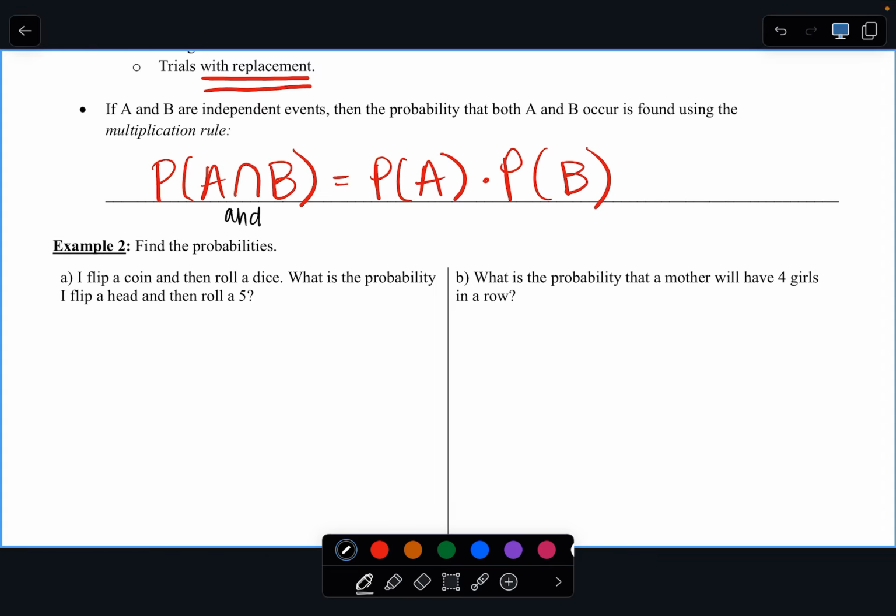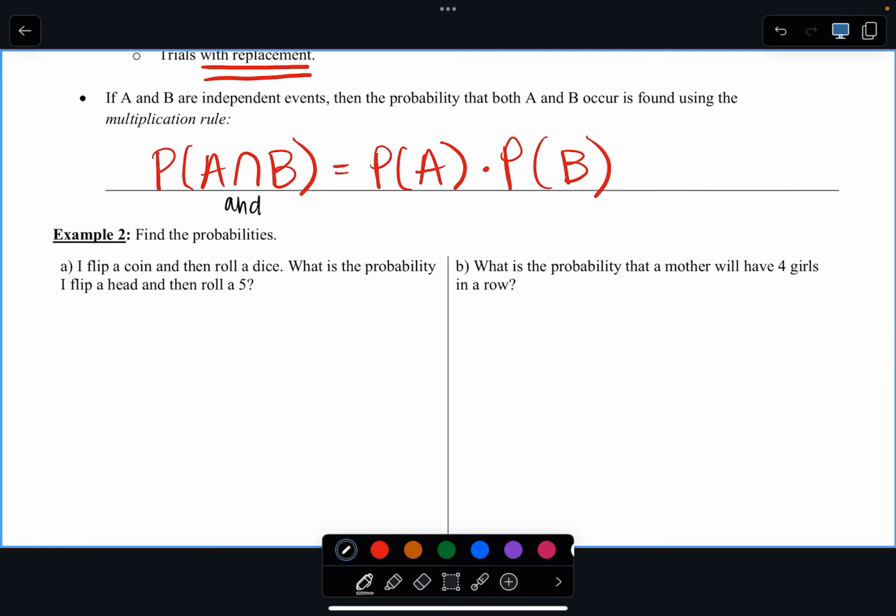Over time, as we use it, it's pretty obvious what it's going to be: I need to multiply those 2 things together. But there is a way to get it from one of the other formulas that they give you. We'll talk about that next class period because you don't know the formula yet and I don't want to take too long. So just know if you have ands, for the most part, you're multiplying no matter what. You will change it a little bit depending on if it's independent or not, but that's what's happening.